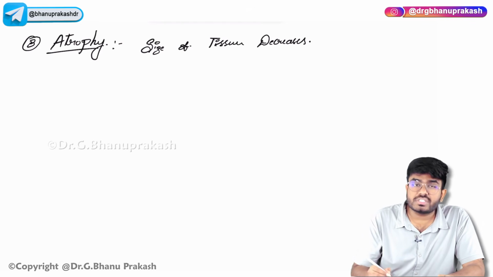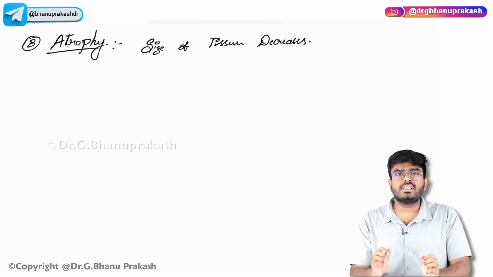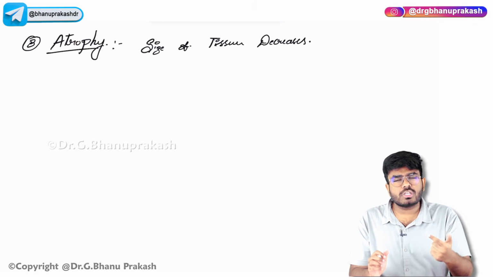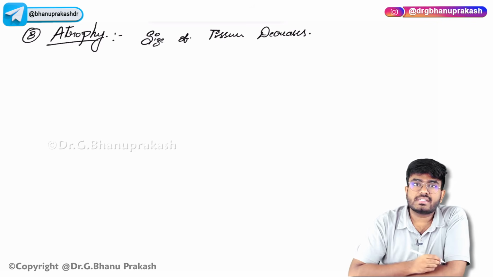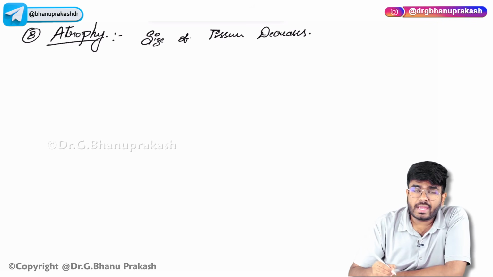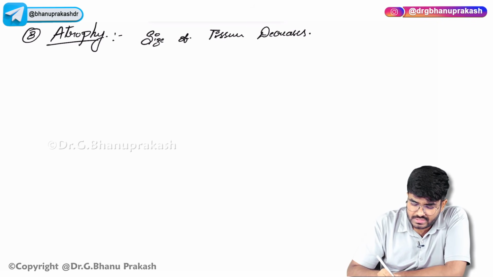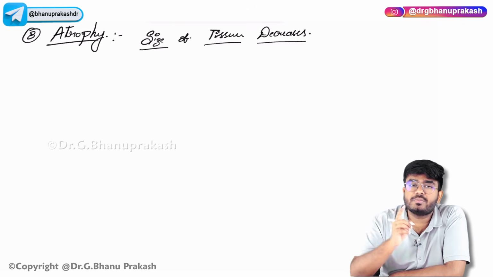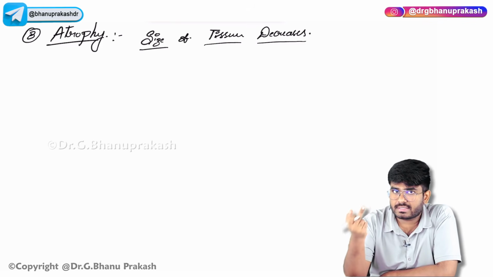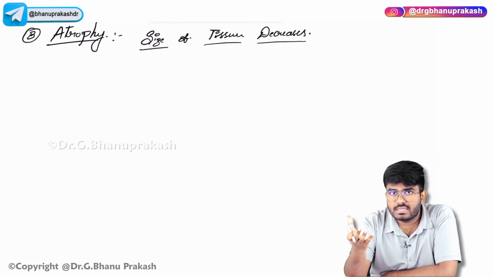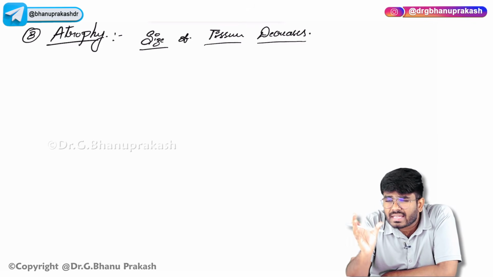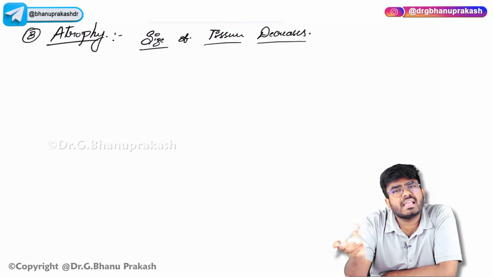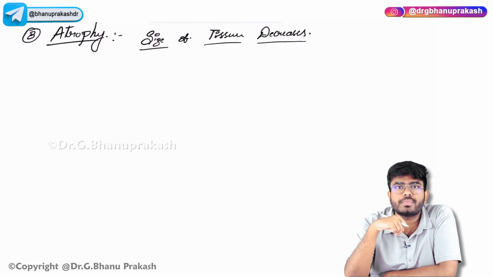Why is the size of the tissue decreasing? Tissues are made up of cells. What exactly is atrophy? Atrophy is the decrease in the size of the tissues. So, whether the cell size is decreasing or the cell number is decreasing in atrophy?